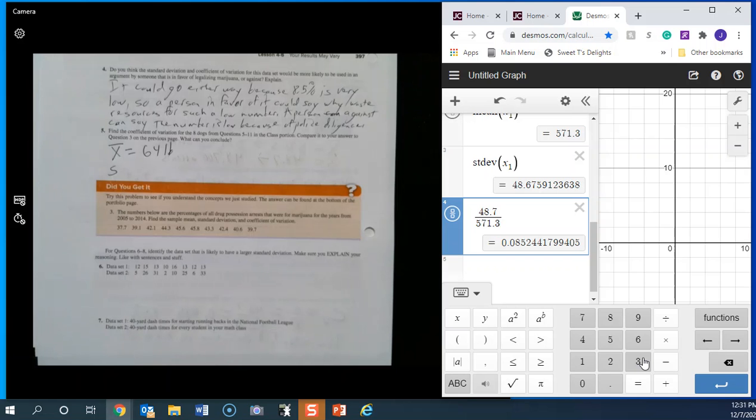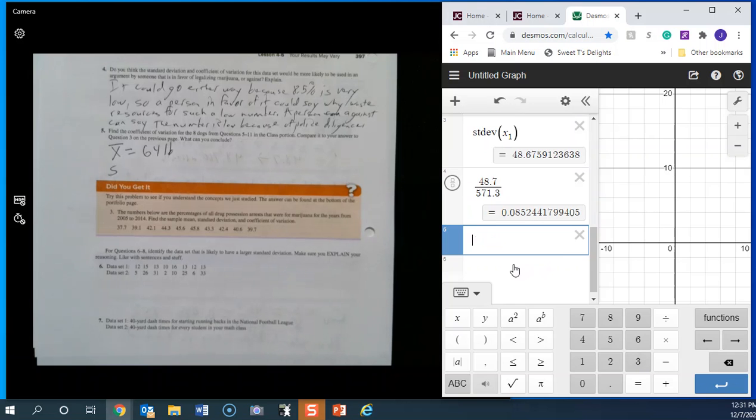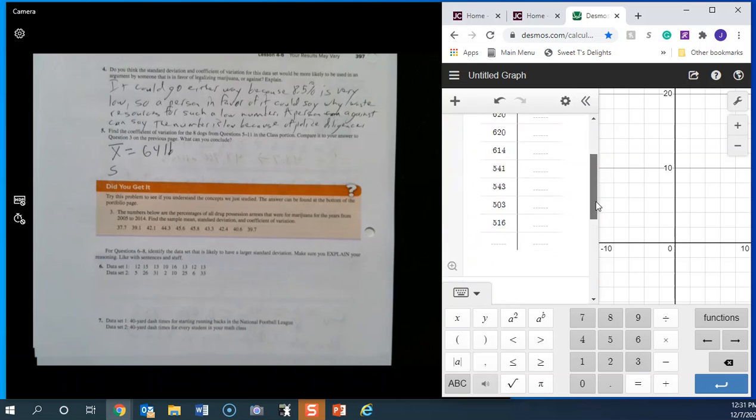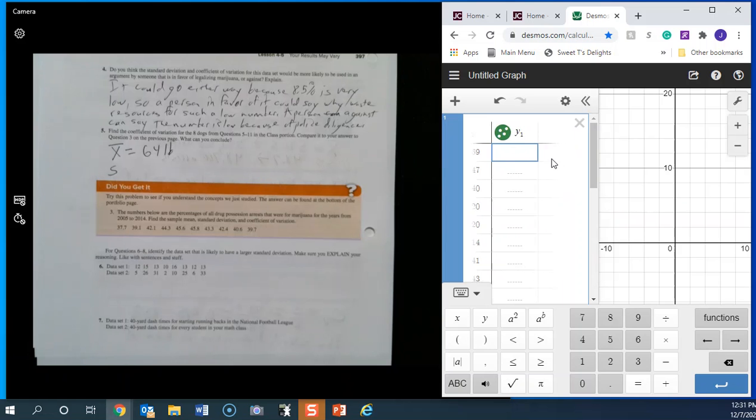Okay, so we need to go back and do the standard deviation of this data. So what I want to do, matter of fact, I could just put it here under the Y1 instead of going to a whole other table.